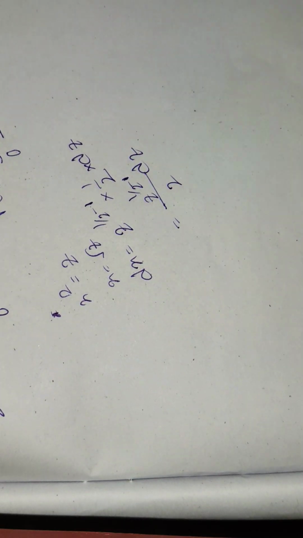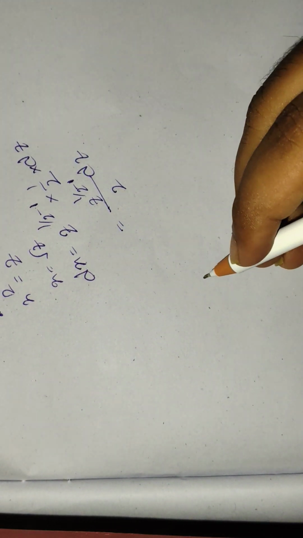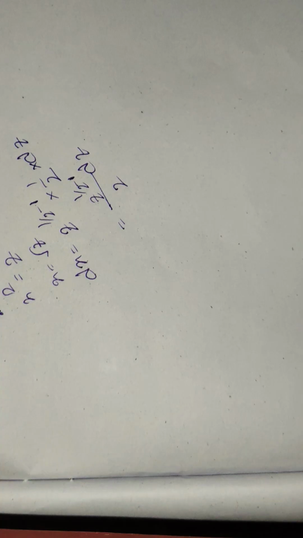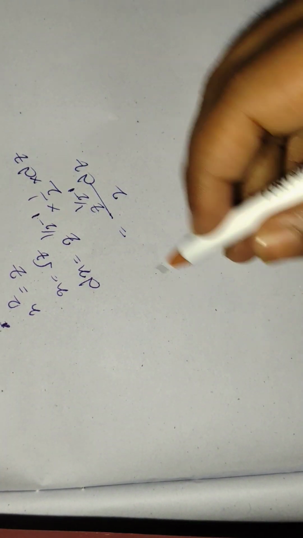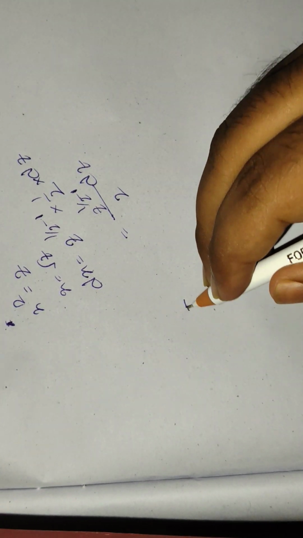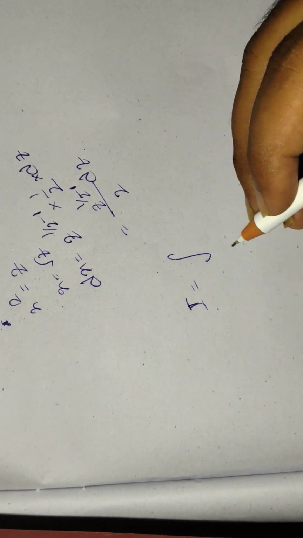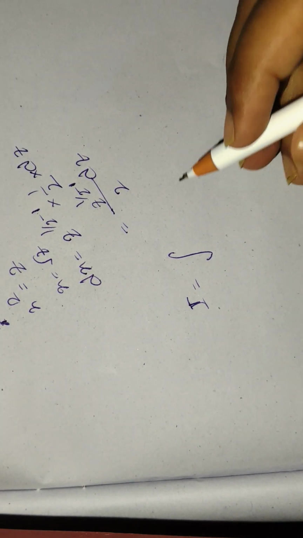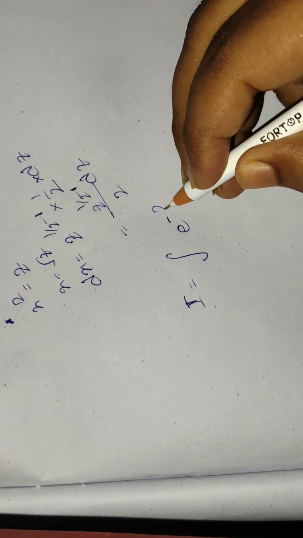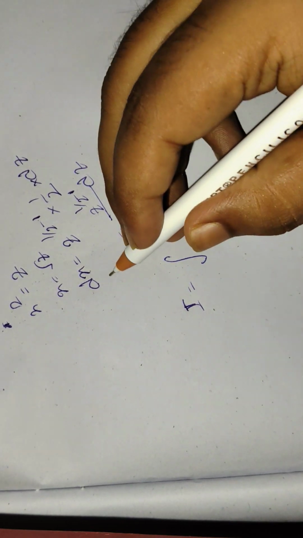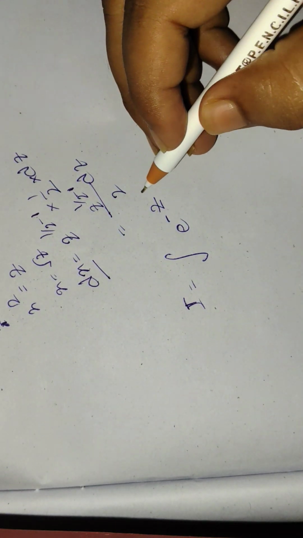I am doing this algebra just for making it simple. So this is the integration. We are replacing x square with z. So this is e to the power minus z, and we are replacing dx with that.